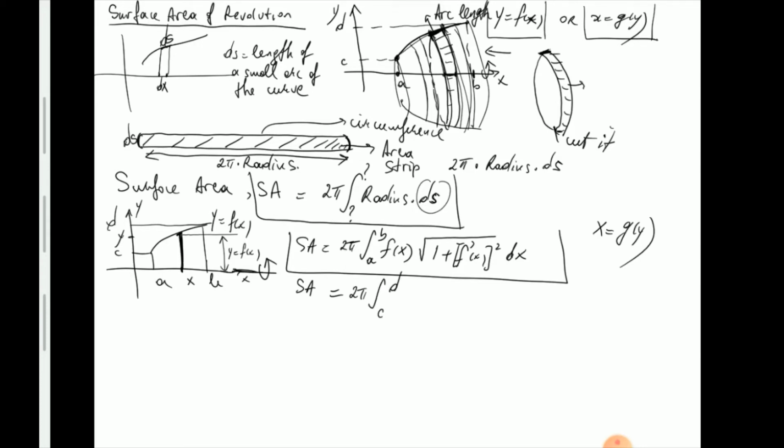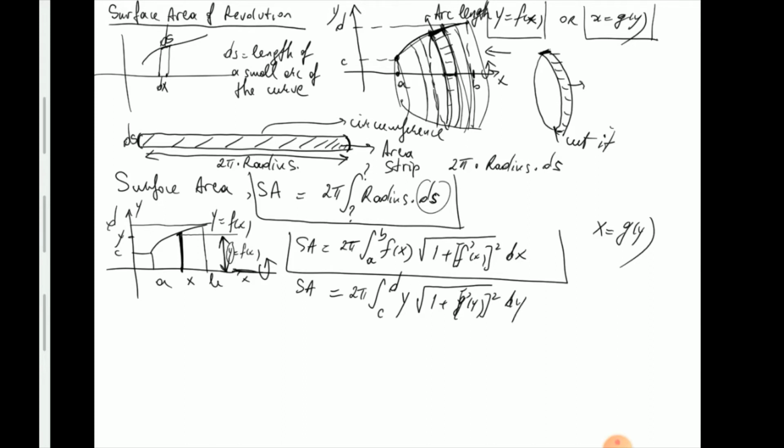But because the axis of rotation, pay attention here, is still the x-axis, the radius is still the y-coordinate. And how do you write the y-coordinate in terms of y? Well, that's just going to be y. And the arc length will be the square root of 1 plus g prime of y squared dy.